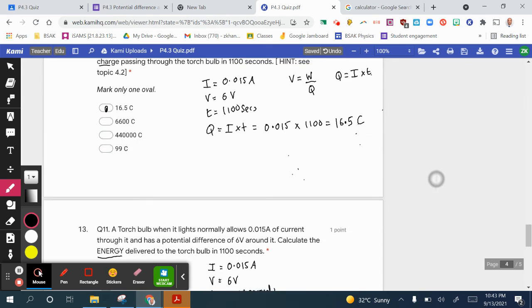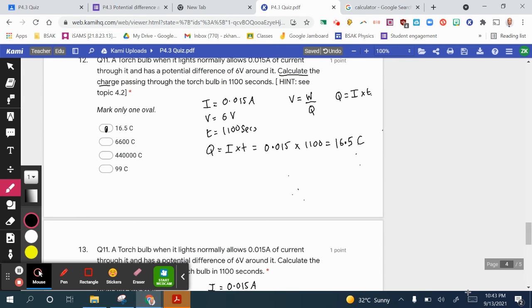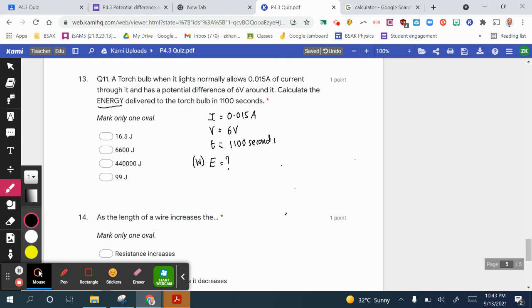We looked earlier and we did have that formula: voltage is equal to the energy over the charge. And we are going to put that into a rearranging triangle. That could have been work done as well, we could just replace it with W, but same thing. And we want to work out the energy.